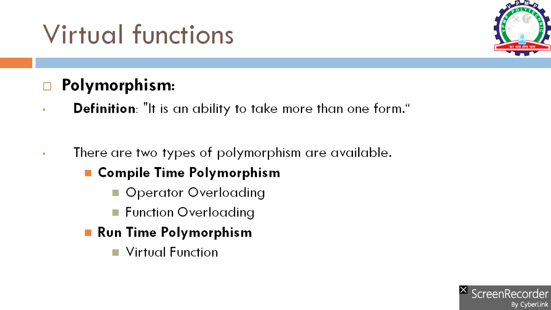For example, we already discussed function overloading in our previous videos. There are two main categories of polymorphism available in C++. The first one is compile time polymorphism and the second one is runtime polymorphism. Compile time polymorphism, which we already discussed in our previous videos, includes operator overloading and function overloading.